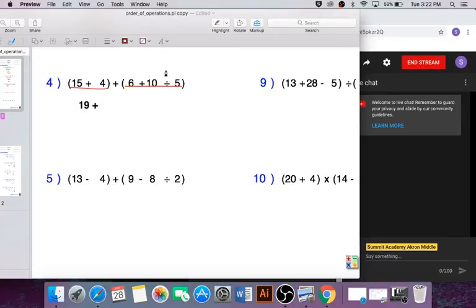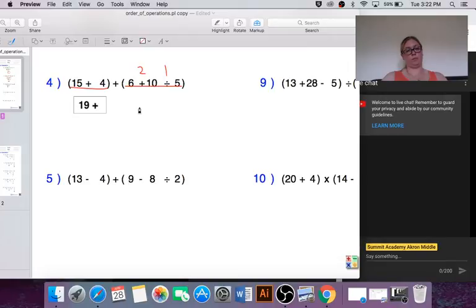So the first thing we're going to do is we're going to divide. And the second thing we're going to do is our addition. Okay, so 10 divided by 5 is 2, and 6 plus 2 is 8. So we have 19 plus 8, which is 27.